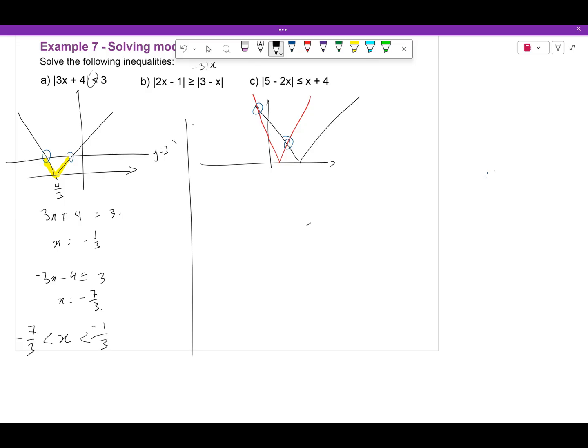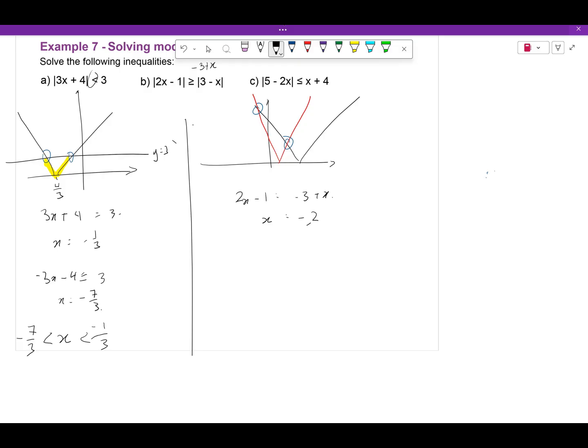Is it? Wait, give me a sec. Yeah, it should be. So that means we are consistent here. So in this case, we'll get negative 2, or x equals to negative 2. Yep.